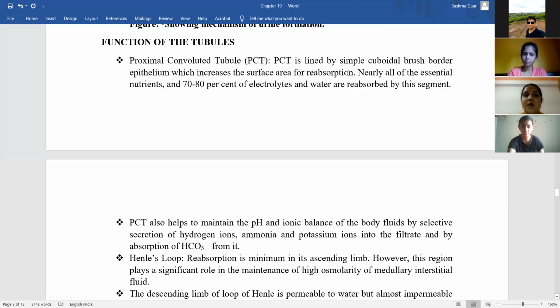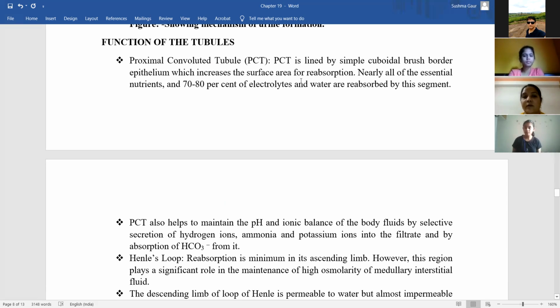Okay, so the proximal convoluted tubule is lined by simple cuboidal brush border epithelium. Cuboidal epithelial cells, you remember the shape of simple cuboidal cells, Risha and Asmi? They are cube-like cells which together form a cuboid, present in a simple layer, and they increase the surface area for reabsorption.